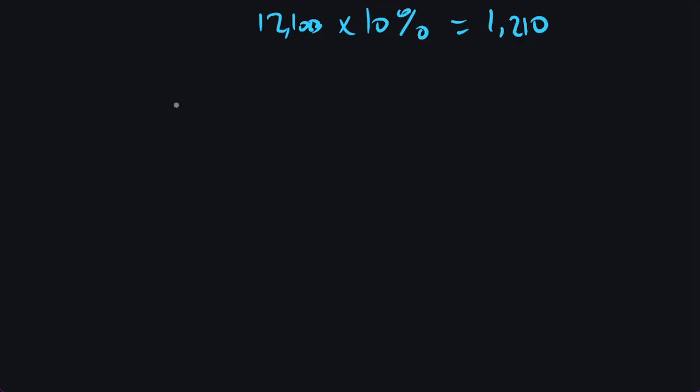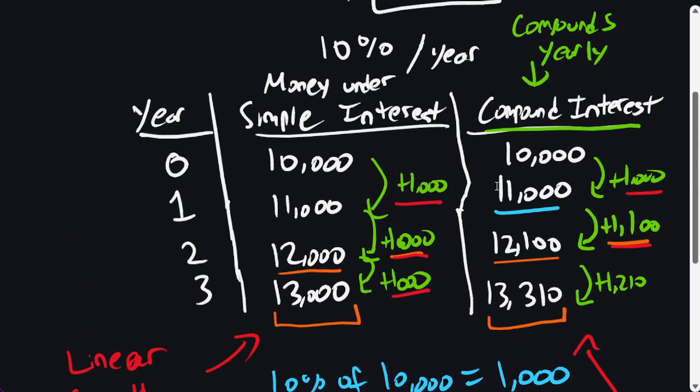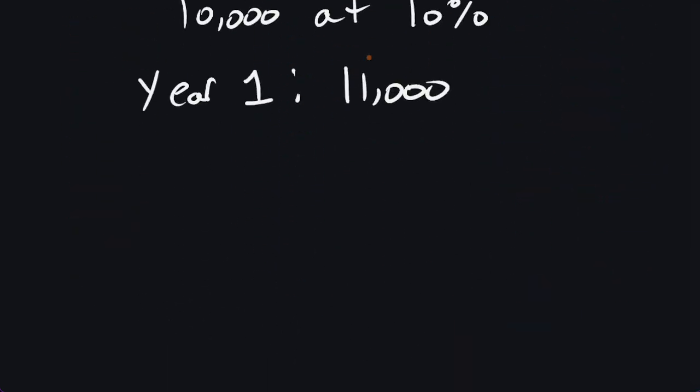In the same example up here, where you start with $10,000 and it grows by 10% each year, in year one we have $11,000. So $11,000 in year one under compounding interest, if it compounds yearly.